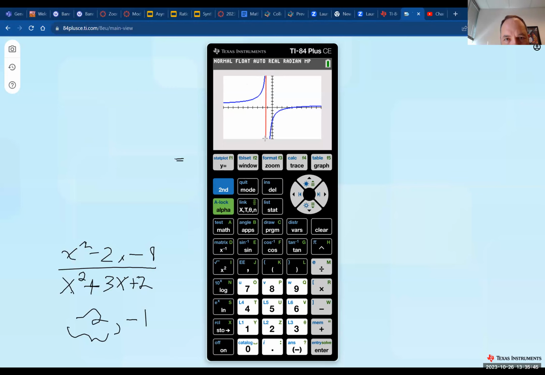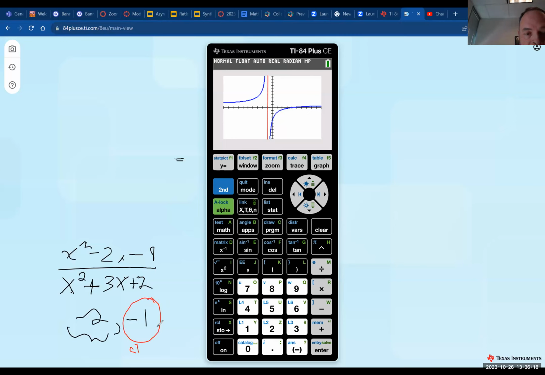It's telling me it's at -2. No, I'm sorry. That is actually where the removable discontinuity is. The asymptote is at -1. So this is where the asymptote is.